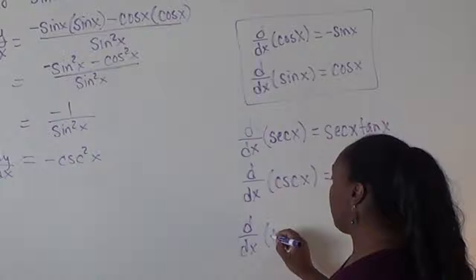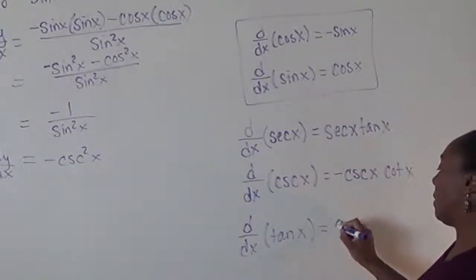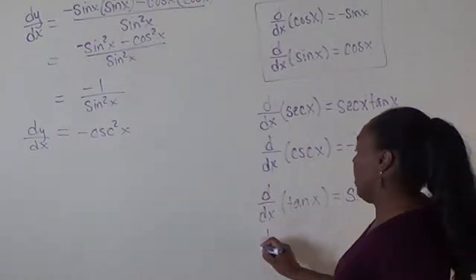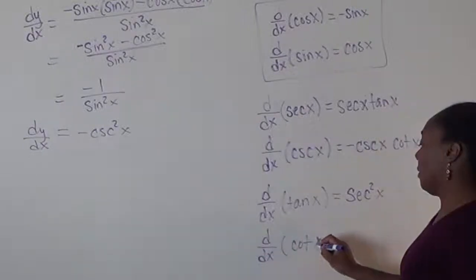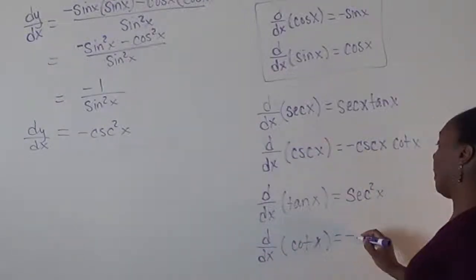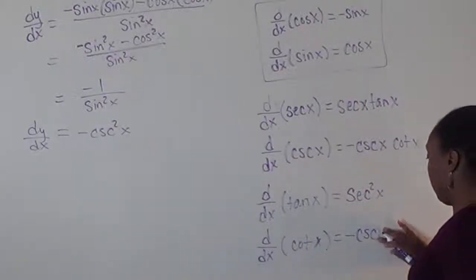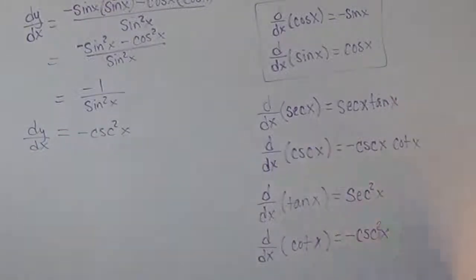If we get the tangent, the derivative is going to be the secant squared. And if we get the cotangent, it's going to be the negative cosecant squared. Okay, so there are your derivatives of your 6 trigonometric functions.